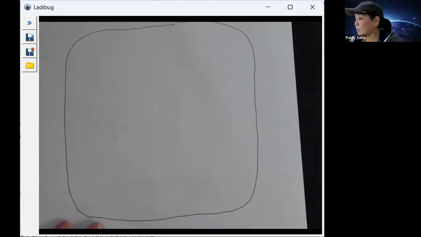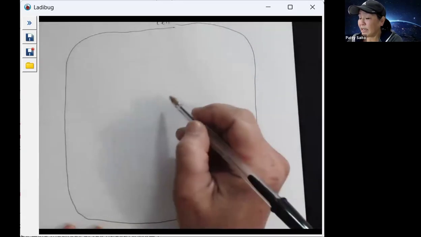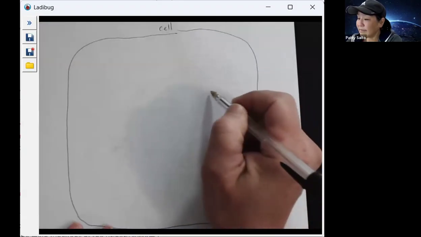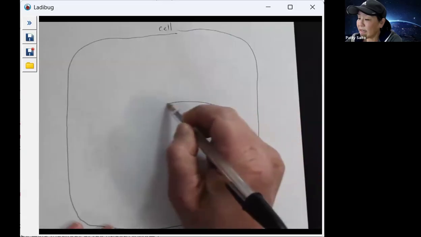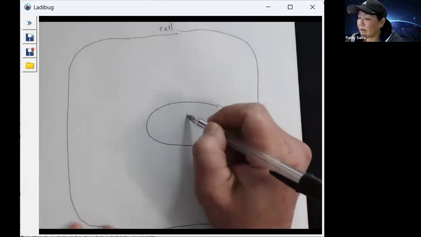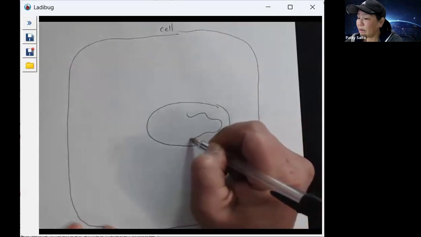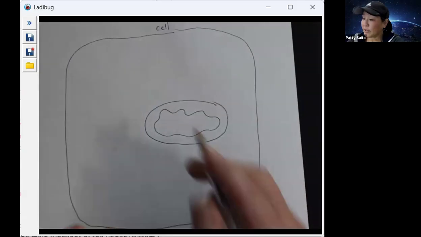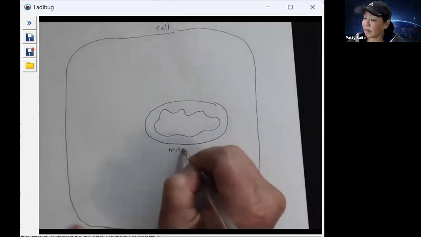And then I'm going to draw a big mitochondrion. We have the outer membrane, we have the inner membrane, and we have the matrix. So here's our mitochondrion.